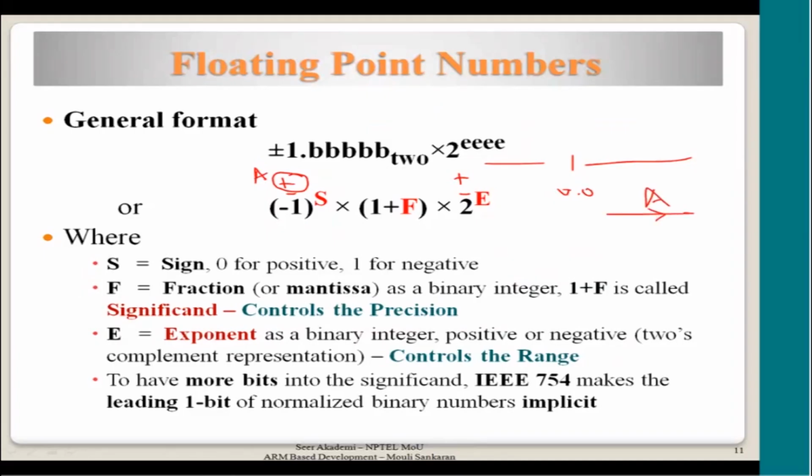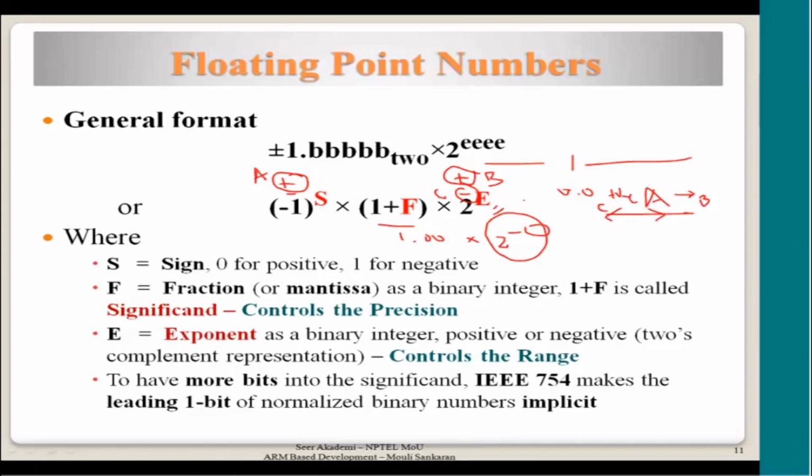Within A, if I call this positive B, this number is here, A and B. Now in A, if the exponent is negative, if I call this C, then it is here. Why? If I give you a smaller E value, that is 2 power minus something, it is going to take you to a smaller number, because it is anyway 1 point some small number multiplied by 2 power some smaller number. So it is going to take you towards a smaller positive value.